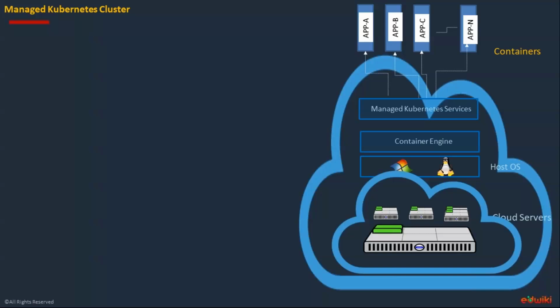Just say, hey, I need a Kubernetes cluster. AWS will do everything for you. They will give you the Kubernetes cluster. You just take it and start running the application over there. Isn't it cool? So the administrative effort that you need to put in to maintain a Kubernetes cluster from scratch will now be gone, and that is taken care of by your service provider itself. That is the managed Kubernetes cluster.